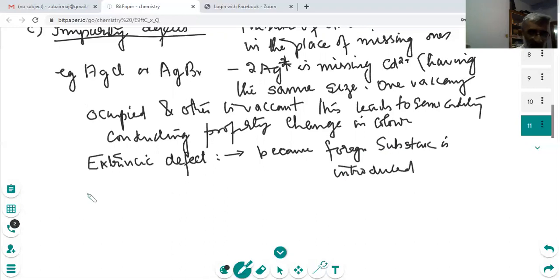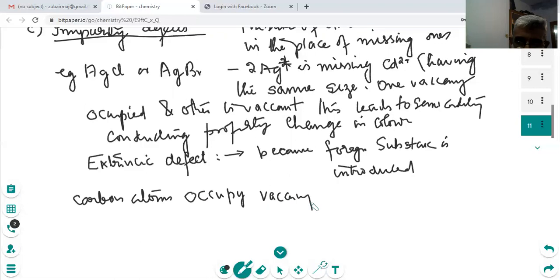Okay. Another very beautiful example is carbon atoms occupying vacancies created by iron, and this is what is called steel.